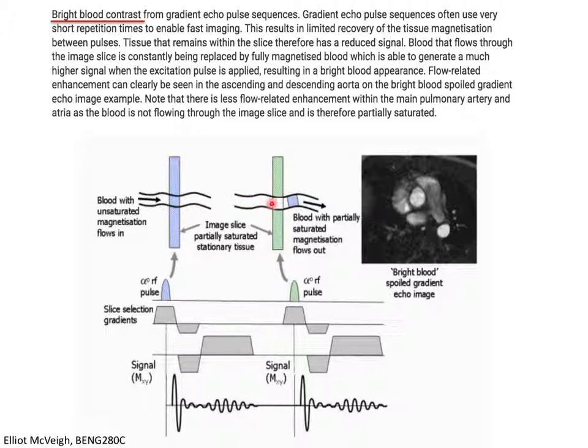New blood that moves into your imaging slice for each one of these pulses produces a very bright signal. So you get exactly the opposite effect with this pulse sequence.